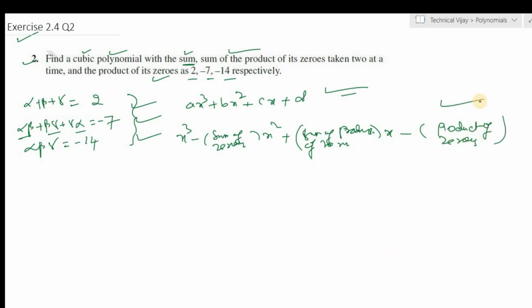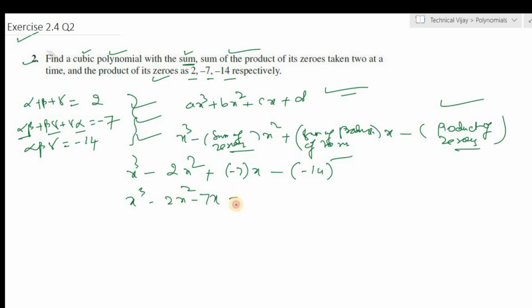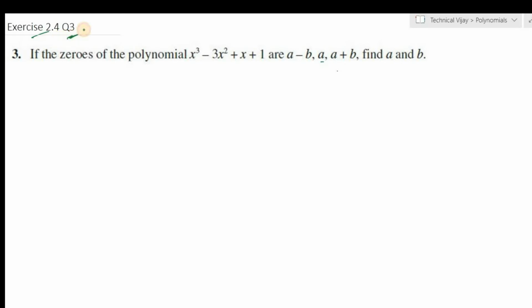This is the general expression. So we will substitute these values and find out the polynomial. x cube minus 2 into x square plus minus 7 into x minus 14. So x cube minus 2x square minus 7x plus 14. This is the polynomial.